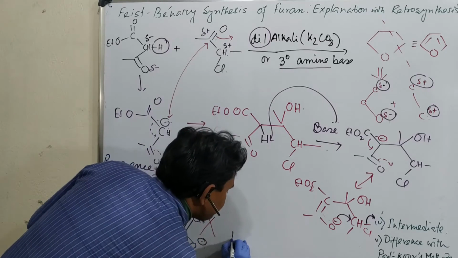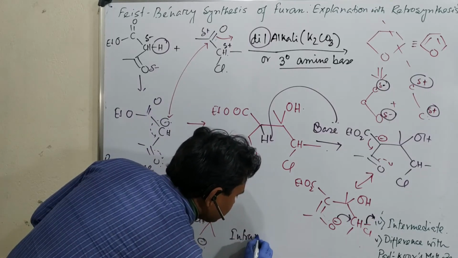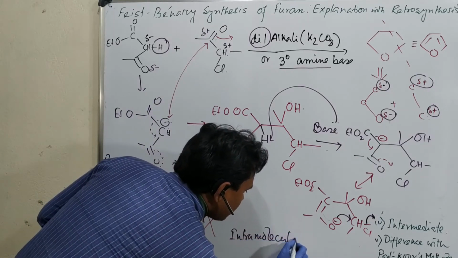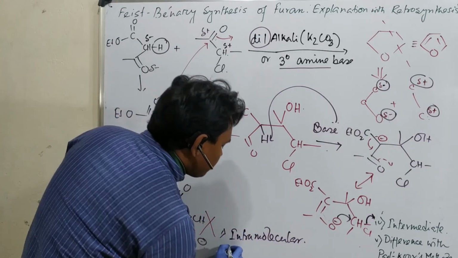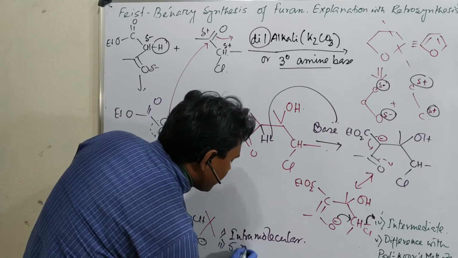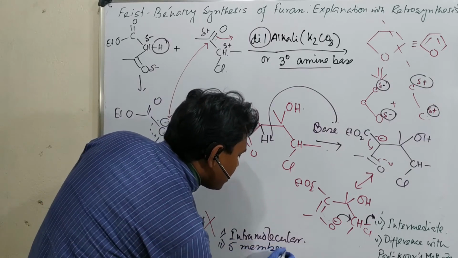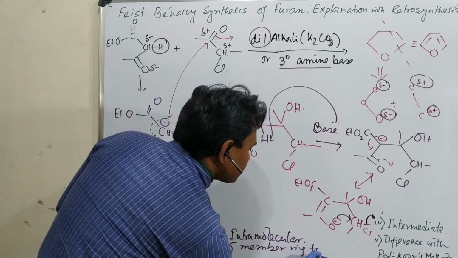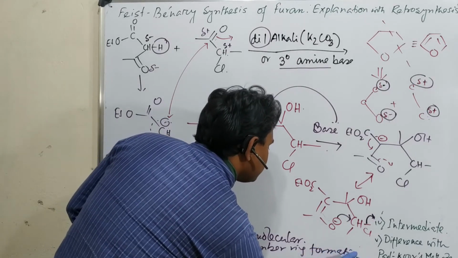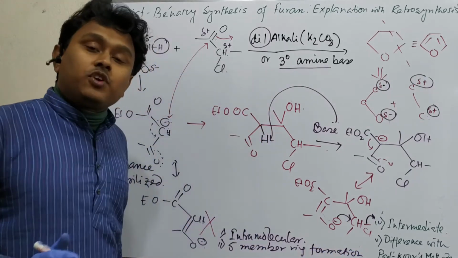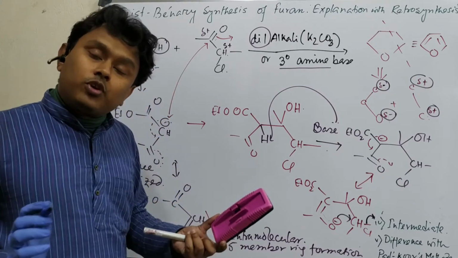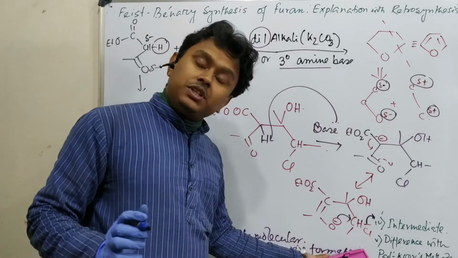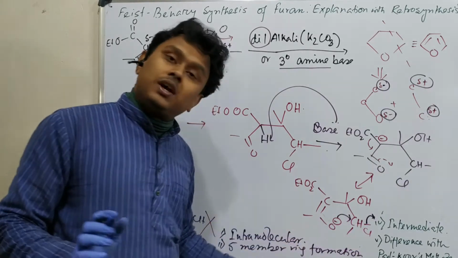One is intramolecular reaction, which is always favored over intermolecular, and second, 5-member ring formation. Why is it important? Because we know that in 5-member ring formation the proper conformation orientation is achieved. That's why this will happen very easily.